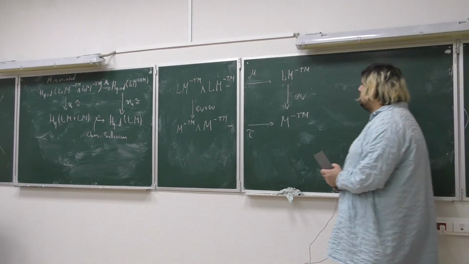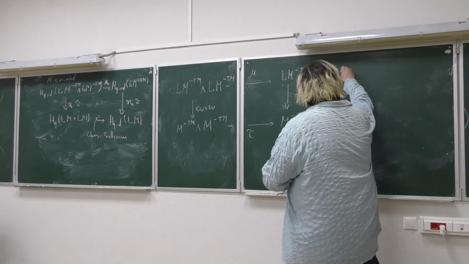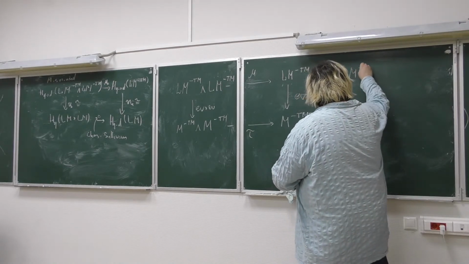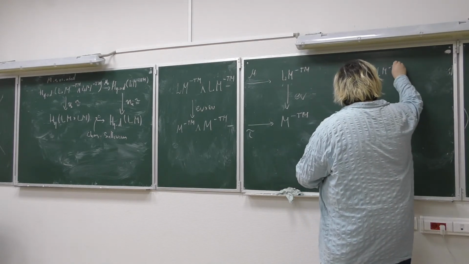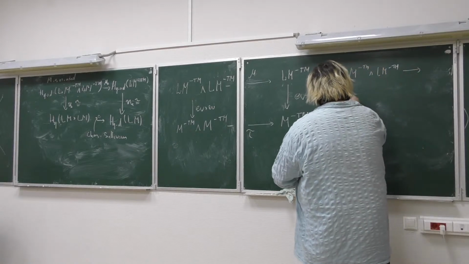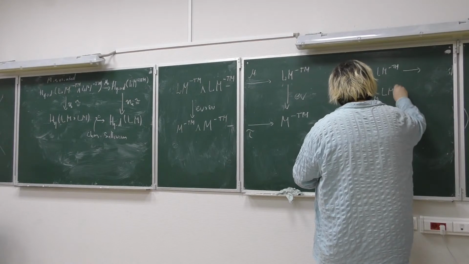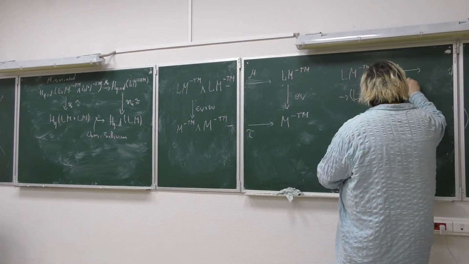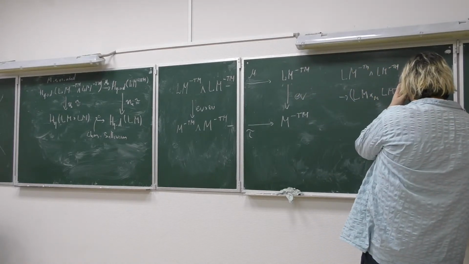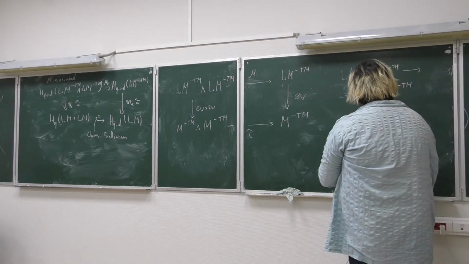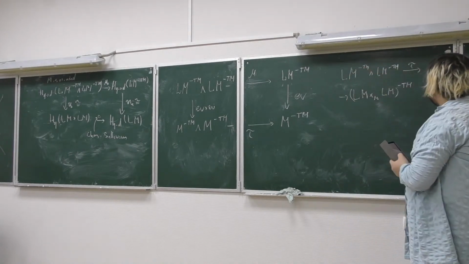So maybe it will help if we recall how we constructed mu. We constructed mu by mapping to M to the power minus TM. So it was given by the Pontryagin-Thom collapse map.